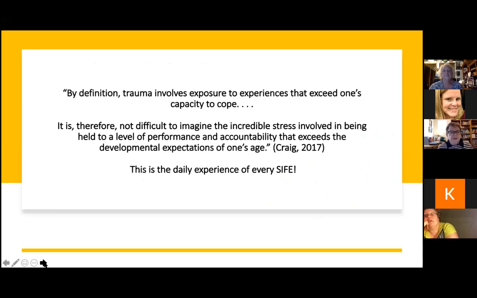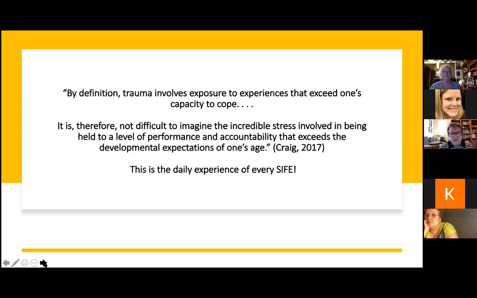So we do some talking about trauma in our work, and it involves the exposure to experiences that are beyond one's capacity to cope. So it's really not difficult to imagine how incredible the stress is of being held to a level of performance and accountability that exceeds their expectations at their age.